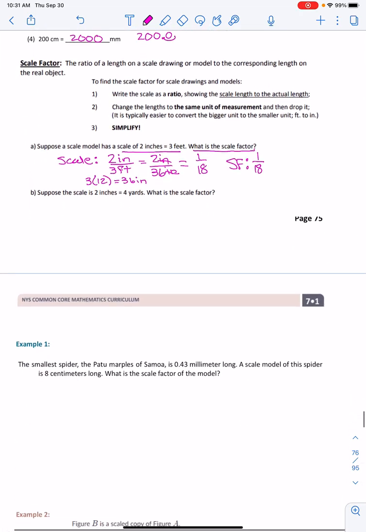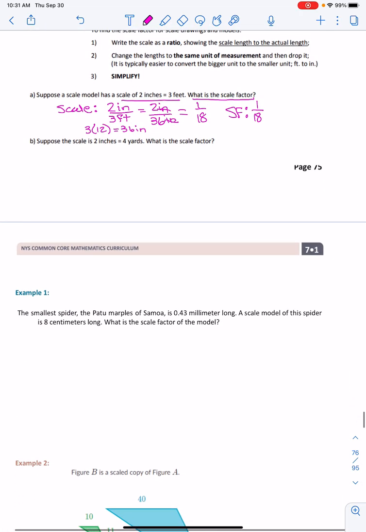So now, suppose I have 2 inches equaling 4 yards. So my scale would be 2 inches over 4 yards. So we're going to have to change the 4 yards. So if I have 4 yards, there are 3 feet in every yard. So that would give me 12 feet.